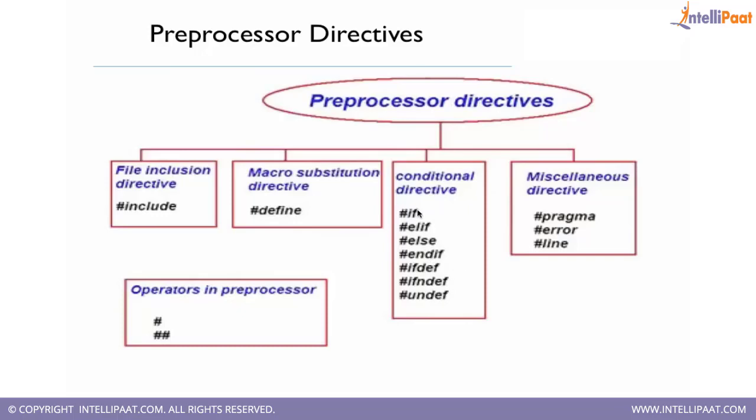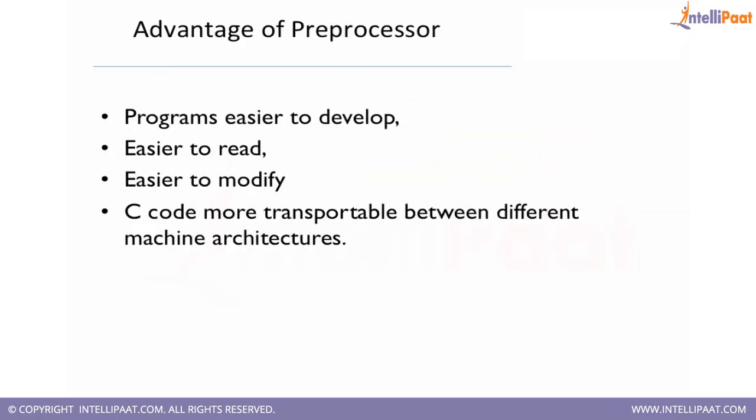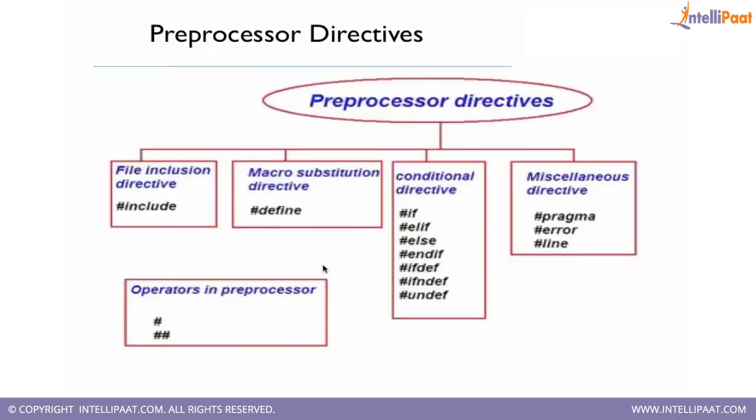For example, we have two different machines on which we want a program to be compiled, and one machine uses a certain type of instructions, and the other machine uses another type of instructions. So we can do a conditional compilation. We can say if machine type is 1, compile this code. If machine type is 2, compile this code. Earlier in this slide we talked about C code becoming more transportable between different machine architectures.